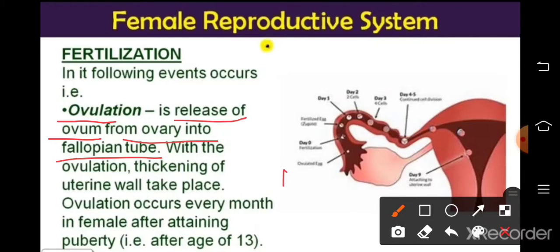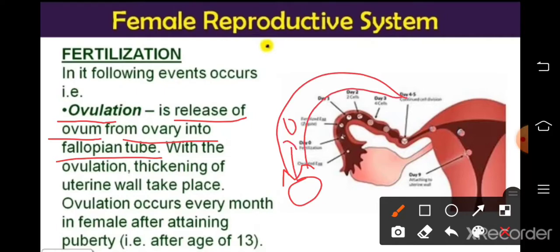If you remember this diagram, the ovum is released from the ovary into the fallopian tube. This is your fallopian tube. With ovulation, thickening of the uterine wall takes place.